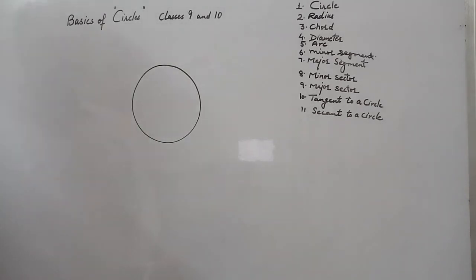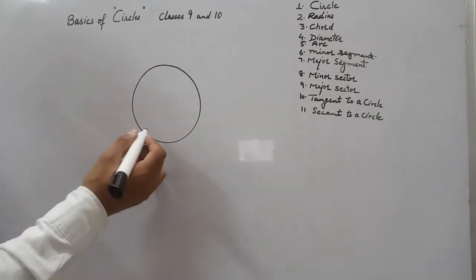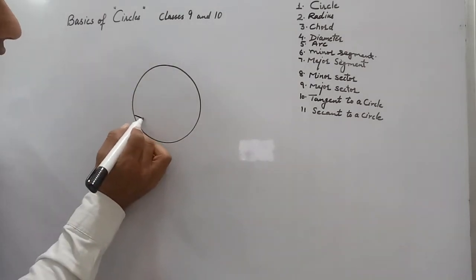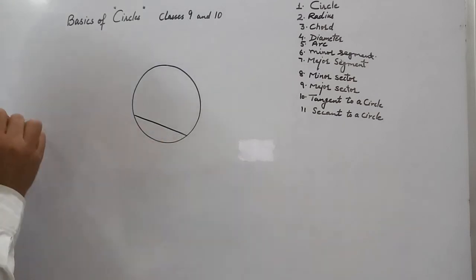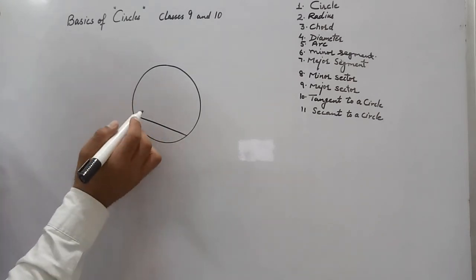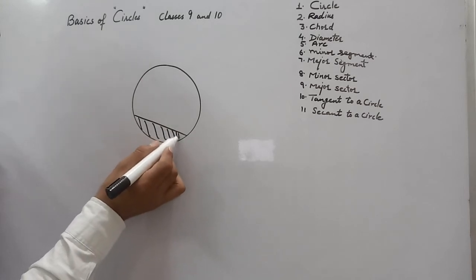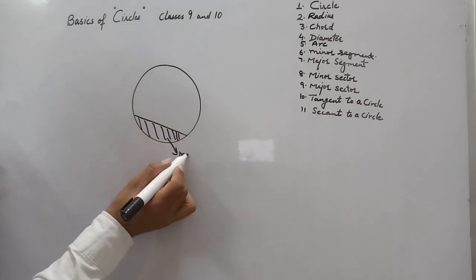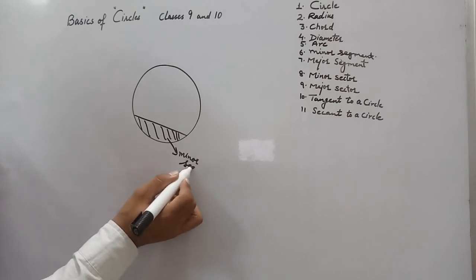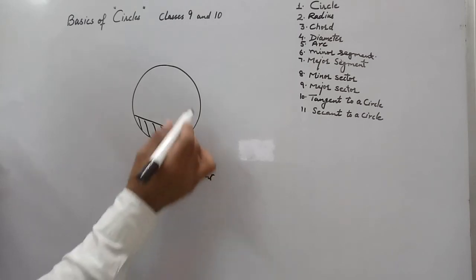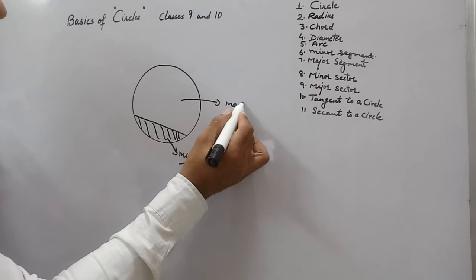So next is minor segment and major segment. See here, if we draw a chord, the circle is divided into two parts. This is called the minor segment and this is the major segment.